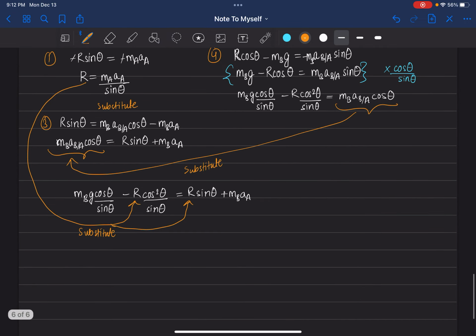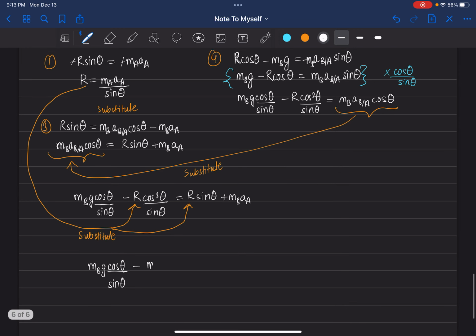So when I substitute R, let's see what we get. m of B g cosine theta over sine theta minus R, which is m of A acceleration of A over sine theta, times cosine squared theta over sine theta, equals m of A acceleration of A sine theta plus m of B acceleration of A. Sine theta cancels out and everything else remains the same.